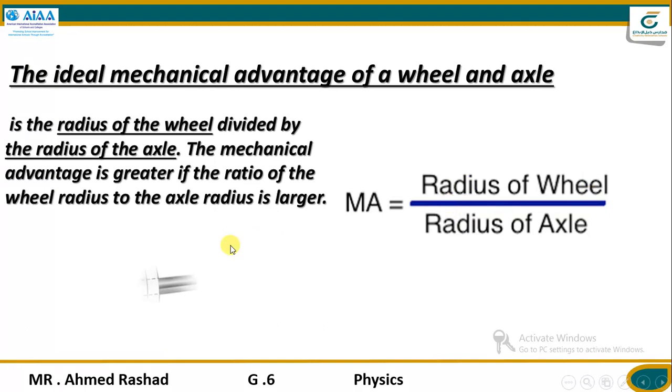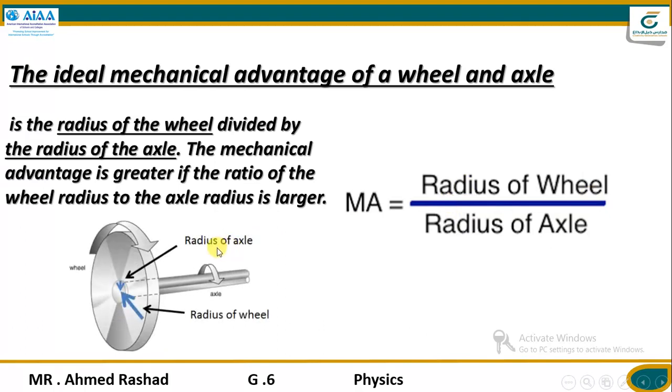Again, we find the ideal mechanical advantage as the ratio between the radius of the wheel, meaning the distance between the center of the wheel and the circle of the wheel, and the radius of the axle, the distance between the center and the circle of the axle.